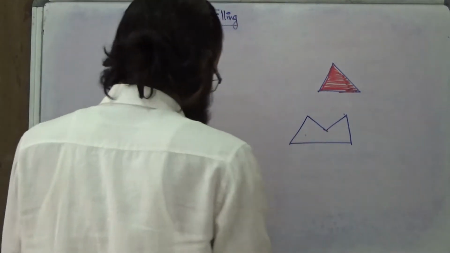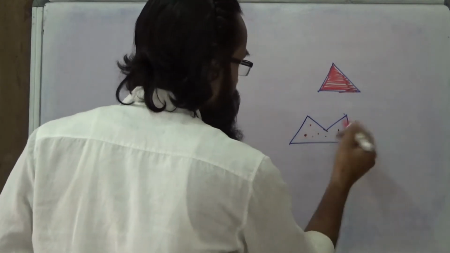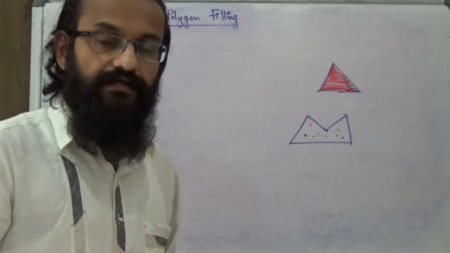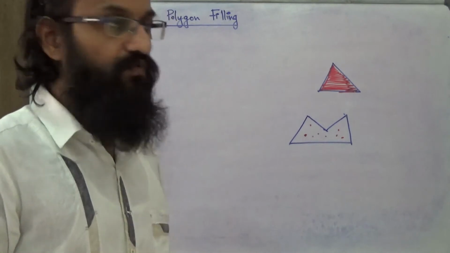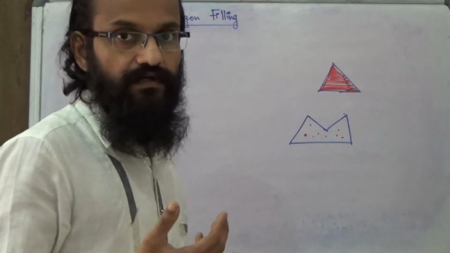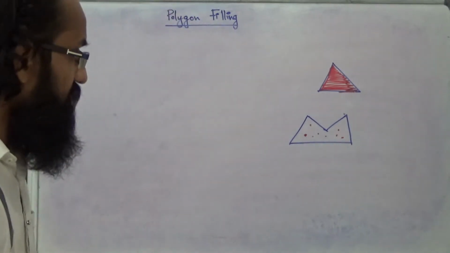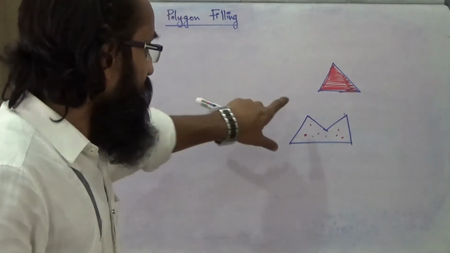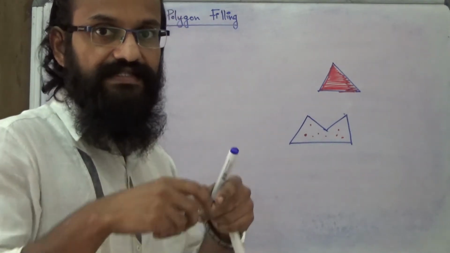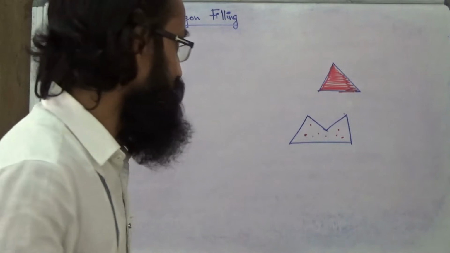So assume that interior pixels are of some different color, but boundary is unique color, and interior pixels are not having any boundary color. So here boundary is blue, interior pixels are of green, red and white. So you can have different varying interior color. So as far as this polygon is concerned, it is defined by the boundary color. Its boundary is bounded with unique color.